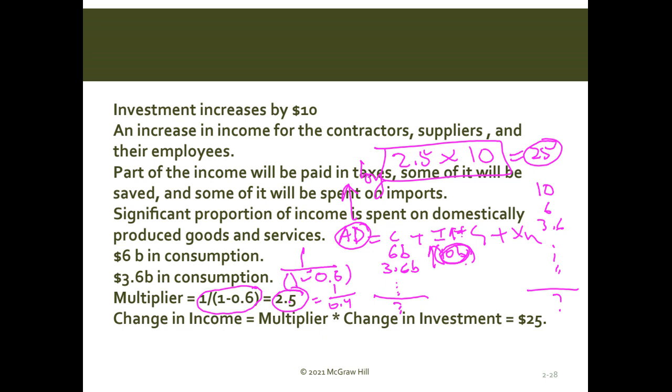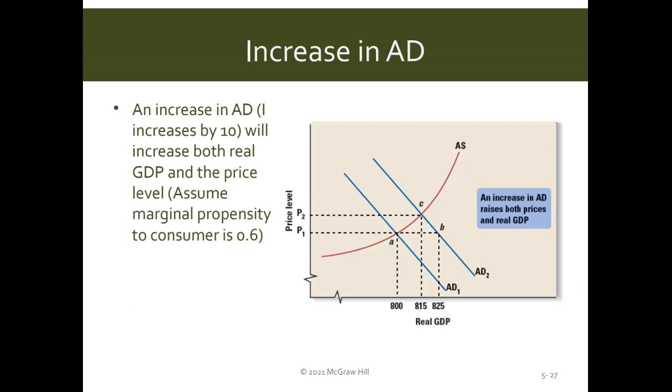Now, if you look at this diagram, what is happening, let me mark this and you understand. Initially, I increase investment by $10 billion. Because of the multiplier effect, the real GDP will increase by $25 billion, to $825 billion.